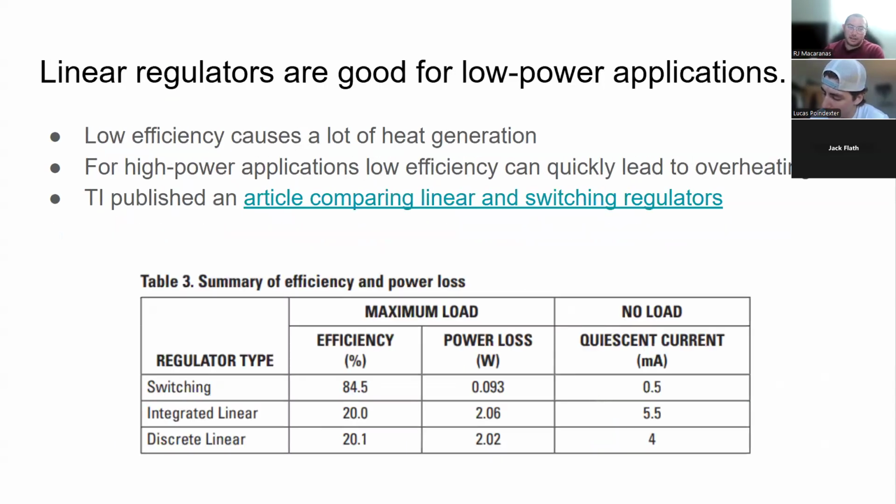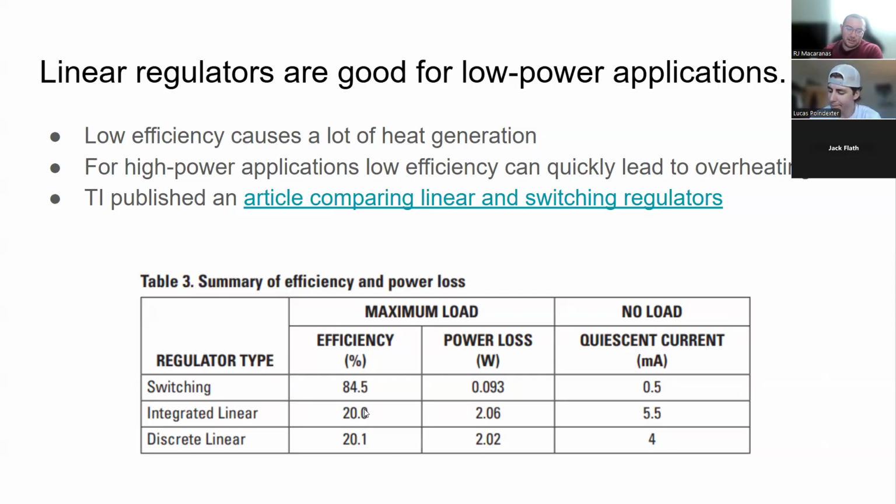And again, these linear regulators are okay for low power applications, but since they are very low efficiency, they will heat up a lot and likely break down if you try to pump out too much power. And so there's this nice article from Texas Instruments that compares the linear and switching regulators.